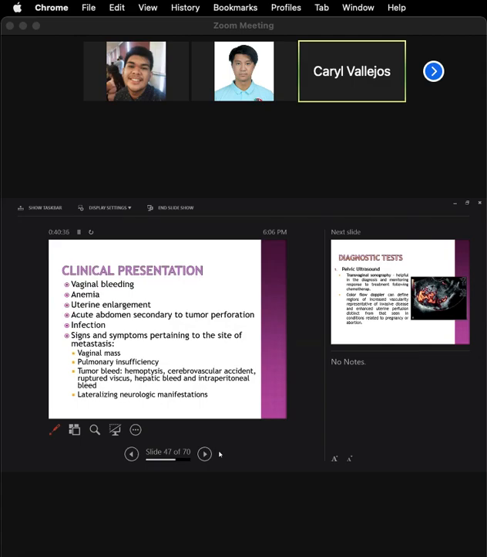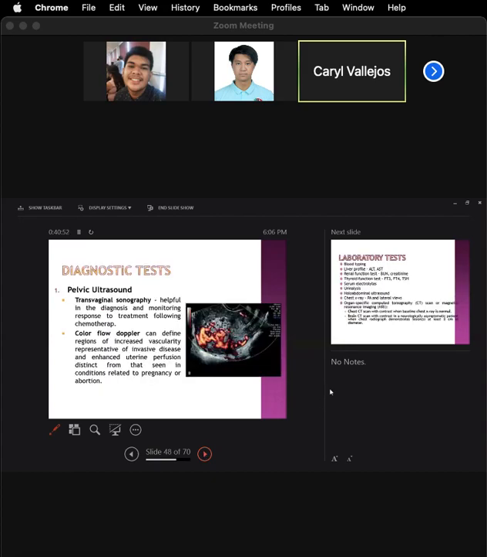Again, how would you diagnose your GTN? Aside from the increasing beta hCG, you could also ask for diagnostic tests. Again, the pelvic ultrasound. Your ultrasound, or specifically your transvaginal sonogram, is helpful in the diagnosis and monitoring response to treatment following chemotherapy.